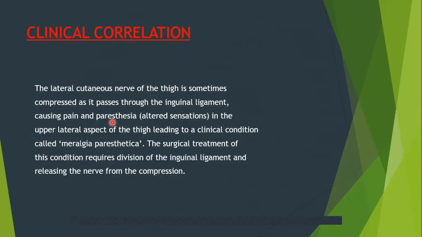Maybe you should look at the correct spelling. It will cause pain and paresthesia in the region supplied by the nerve, which is the upper lateral aspect of the thigh, which leads to a clinical condition known as meralgia paresthetica.